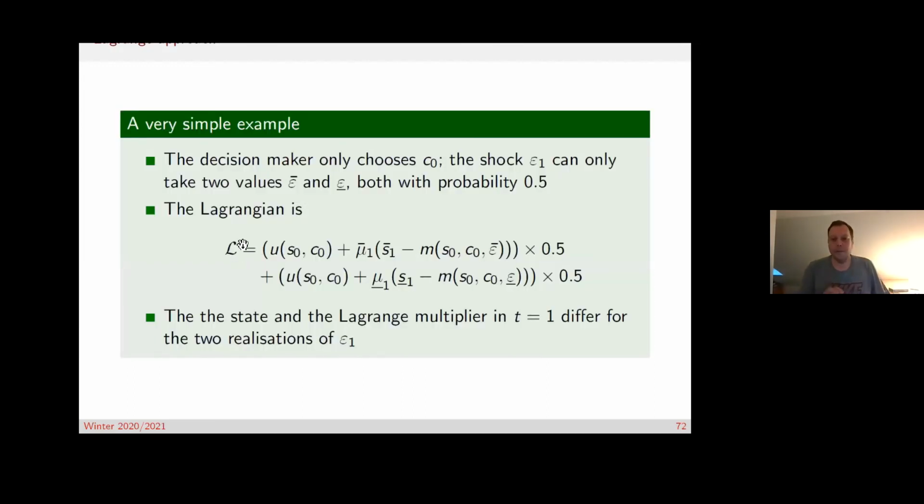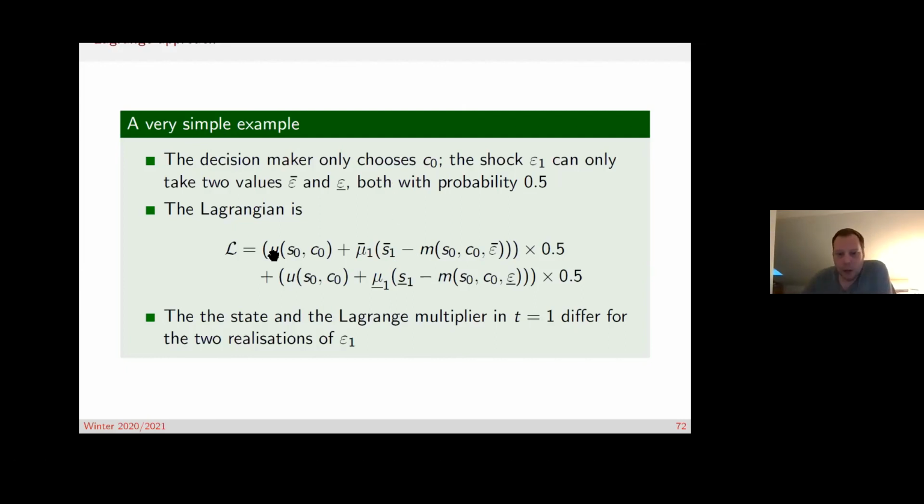Okay, but we see this more clearly when we go through the first order conditions. Just a super simple example for you to see what I am trying to tell you all the time. This is a very simple structure, so we do not have a real dynamic situation here. But that doesn't really matter, because this is only to show you how you would write down this Lagrange function that we had from before.